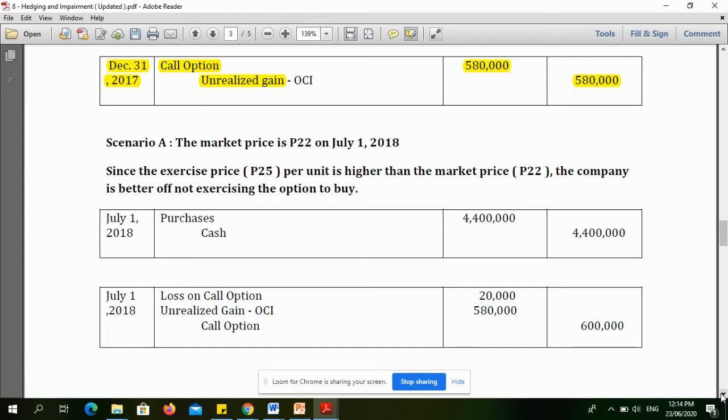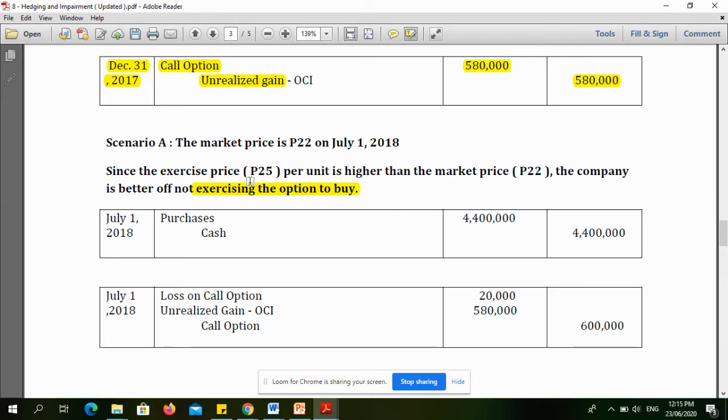The answer is, since the exercise price of 25 pesos per unit is higher than the market price, the company is better off not exercising the option to buy. So, ang ibig sabihin nito, kung ang market price 22 pesos, huwag mo na lang i-exercise yung option. Kasi, kung i-exercise mo yung option, lugi ka pa. So, better not exercise the option.